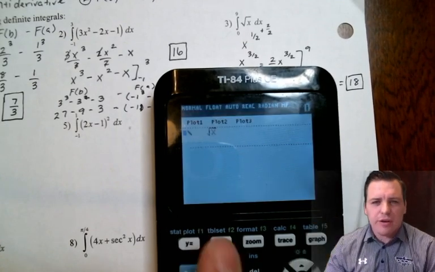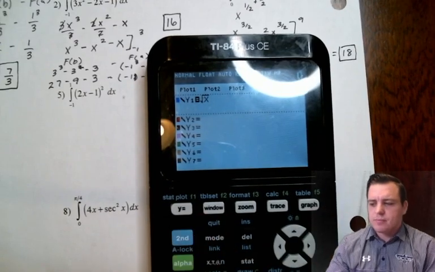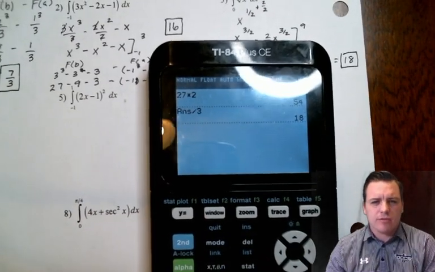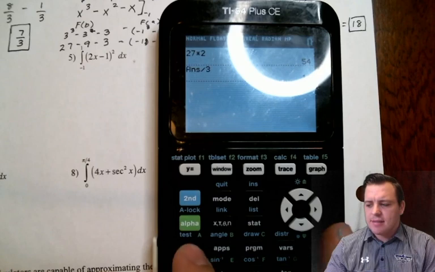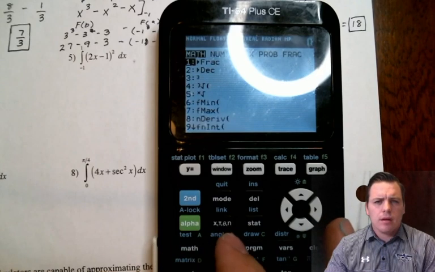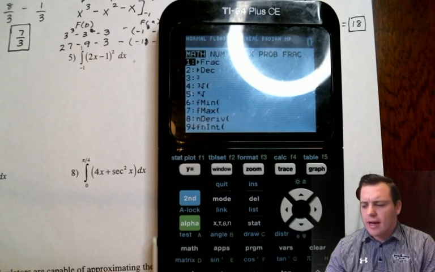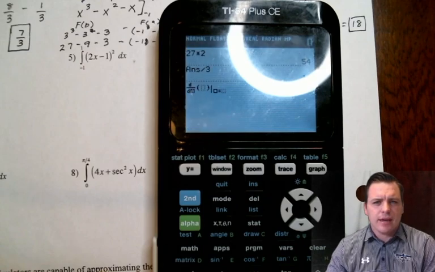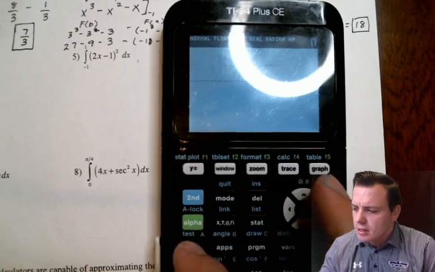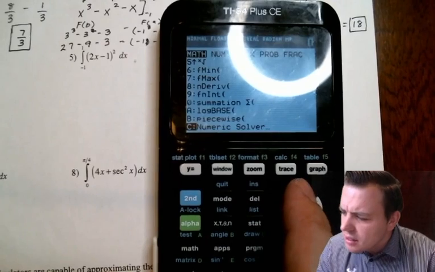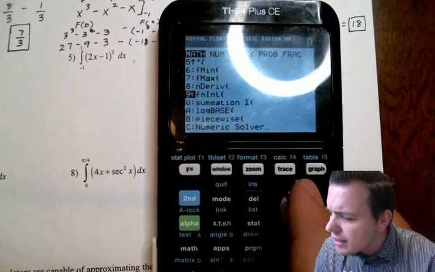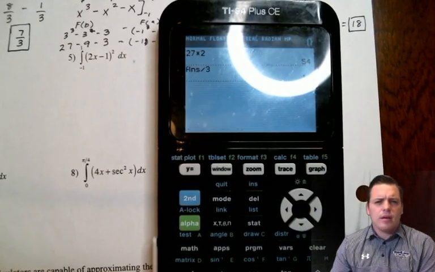There is another way you can do it from the home screen. You can calculate that integral from the home screen. You just go to math, guys, hit math, and then you go to 8 down there. Hit 8. Nope, that's derivative. Go math and go 9. It's 9, sorry.